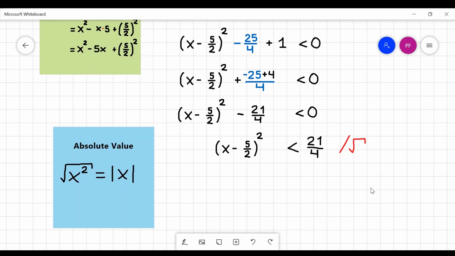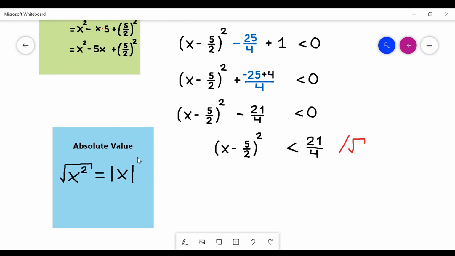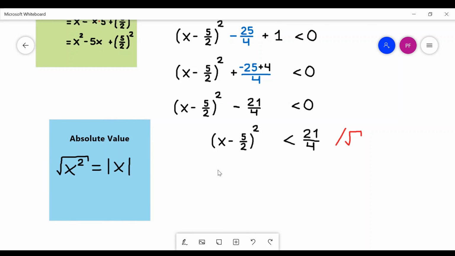This is a complex concept, but let's remember that the square root of x squared is equal to the absolute value of x. Yes, it's a little hard to remember this, therefore I recommend that you write it down in your notebook.